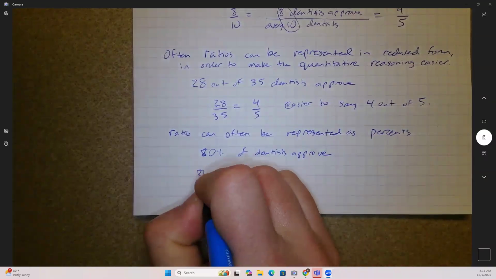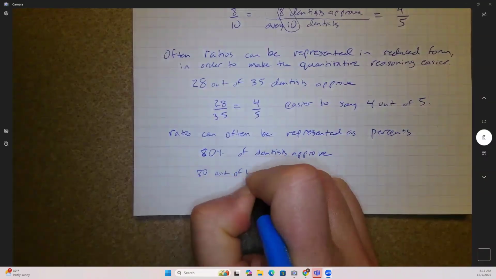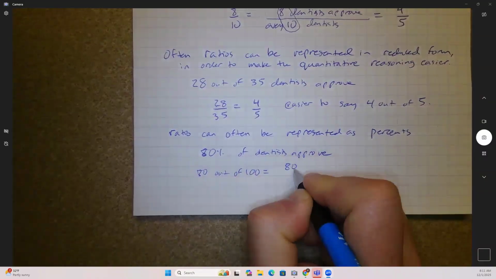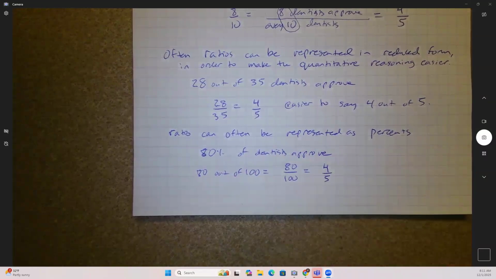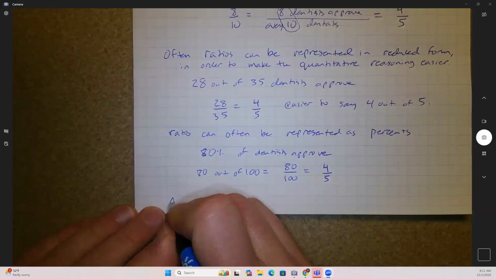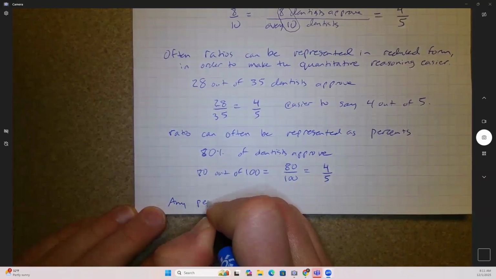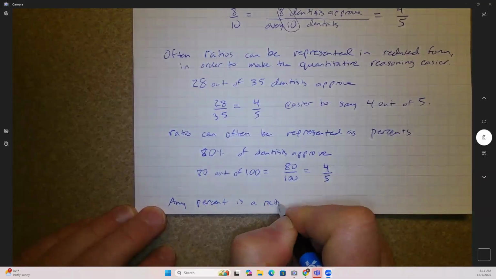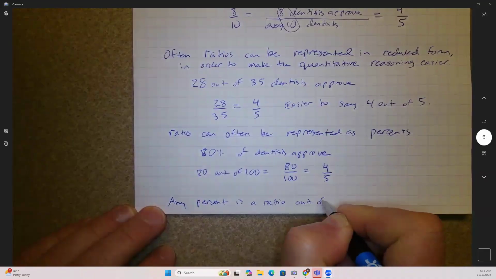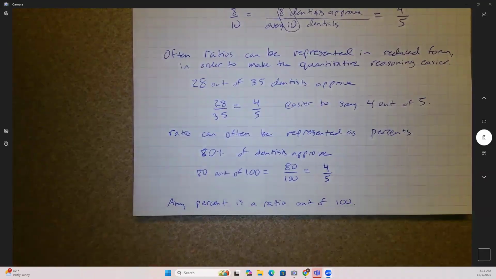So this really means 80 out of 100, 80 over 100, which again reduces to 4 out of 5. So not always, but very often ratios can be represented as percents, and any percent is actually a ratio. Any percent is a ratio out of 100.